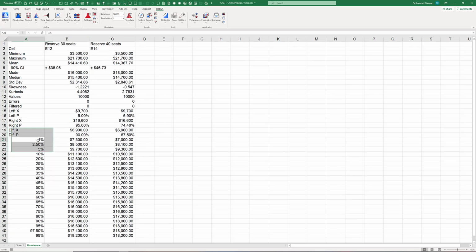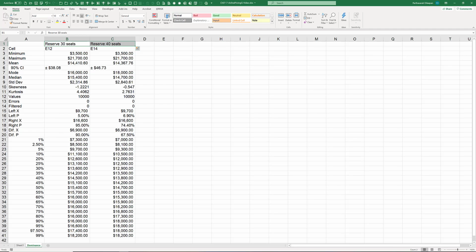So here are the percentiles, and for each percentile we have the outcome being expected revenue. Now these, 2.5 and 97.5, are the 95% confidence interval numbers, so we don't need those.